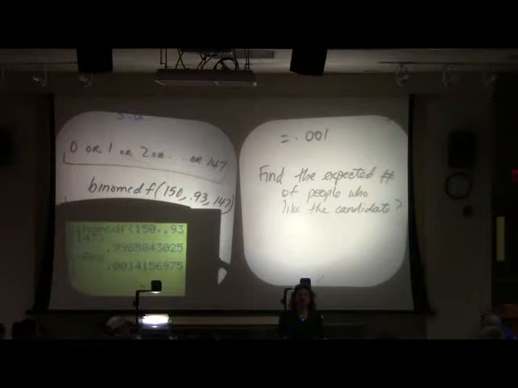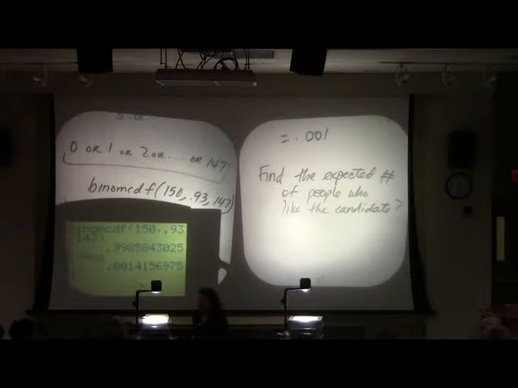So, if we were going to make a probability distribution table here, how many columns would it be? Wouldn't it be 151 columns? Right? Because we'd have to find the probability that exactly 0 people like the candidate. Find the probability exactly 1 person, exactly 2, exactly 3, all the way up through exactly 150. Do you guys agree that that is totally an unreasonable thing to want to do? Okay?